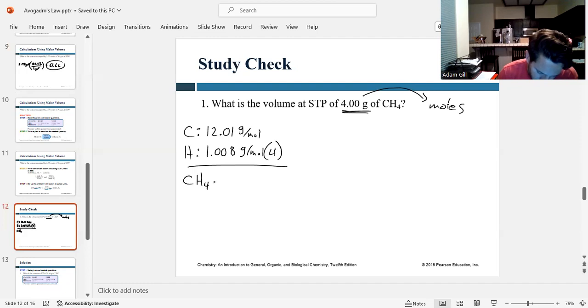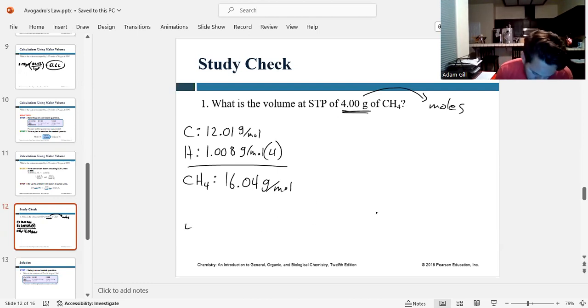So CH4 should have a mass of about 16.04 grams per mole. Now, let's convert 4 grams into moles.